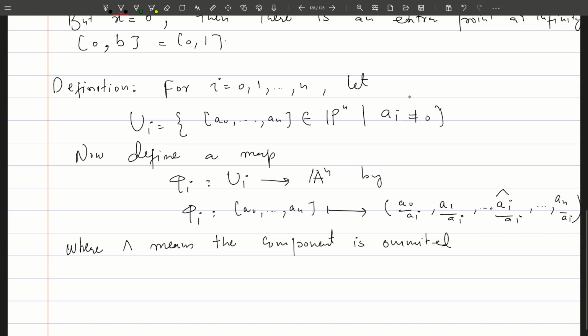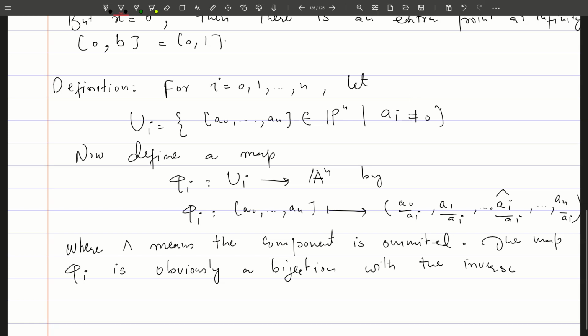So the map phi i is obviously a bijection. First, it is well defined. To see it is a bijection, we have to exhibit its inverse.